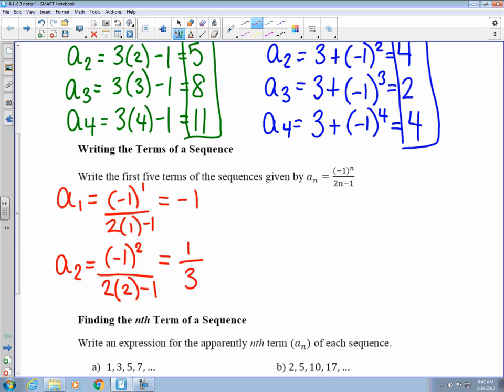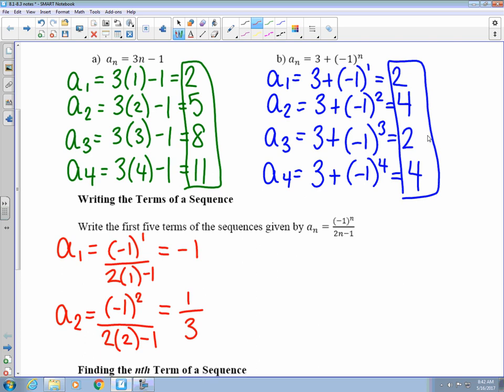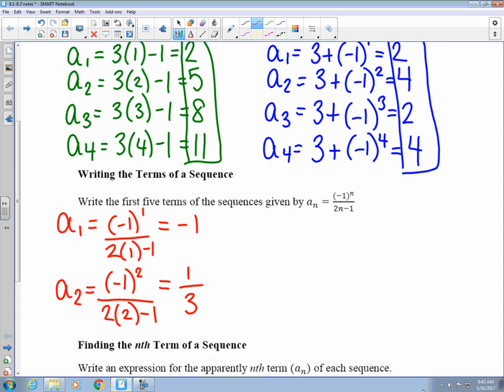So instead of the previous one, where the negative 1 alternated the added amount, here the whole answer is alternating signs, because the top of the fraction is either a positive or a negative depending on the exponent.